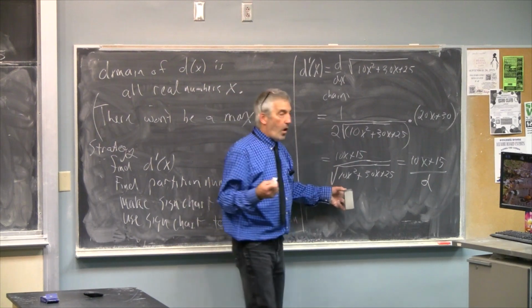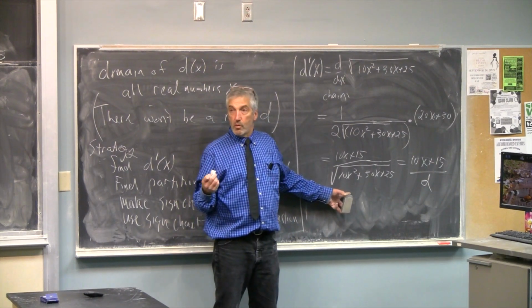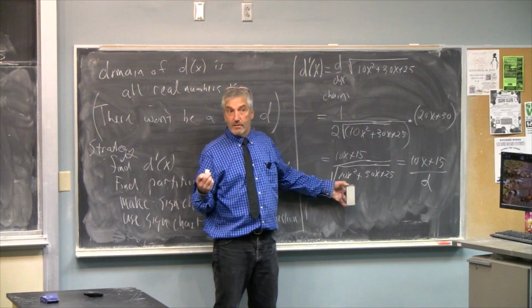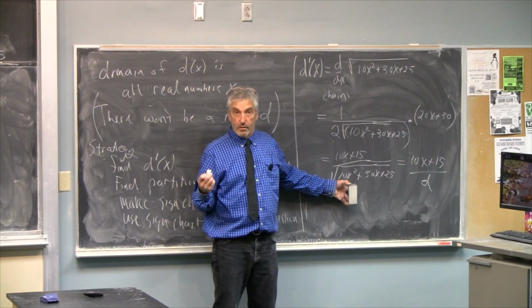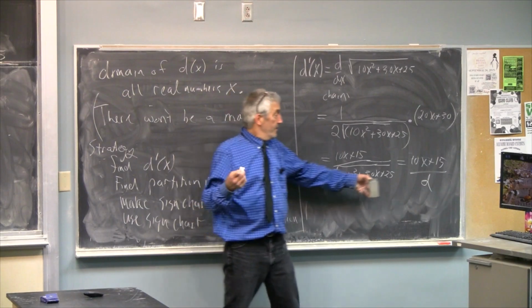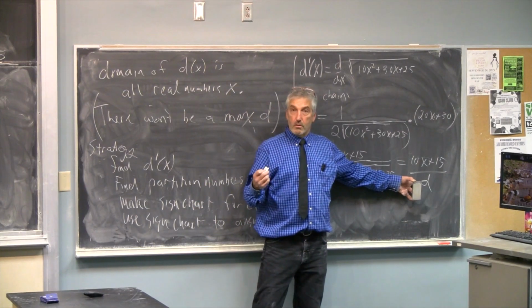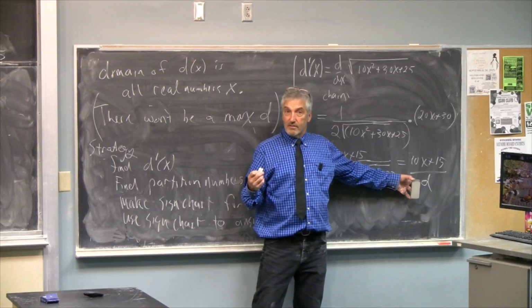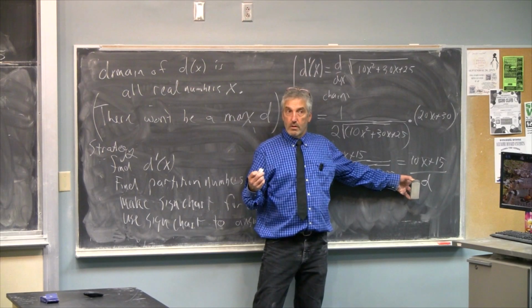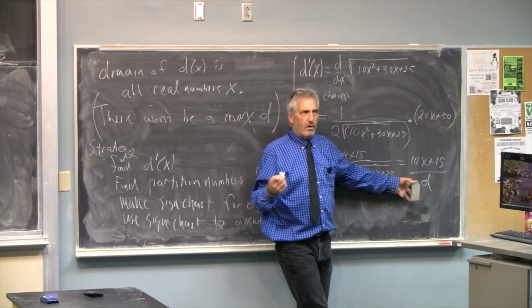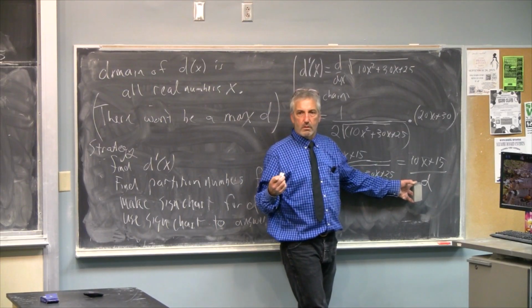So what are the bad x values? What would be the x values that would make this not exist? Well, the only way this could not exist would be if the denominator were 0. That would mean that the distance d would have to be 0. What are the x values that cause the distance to be 0?